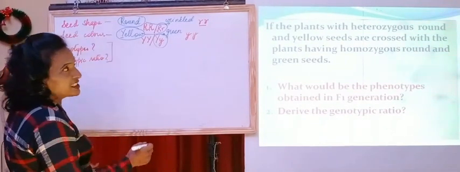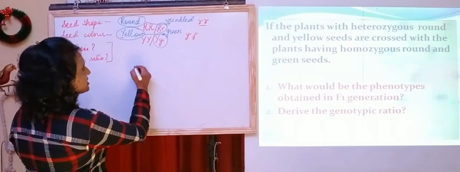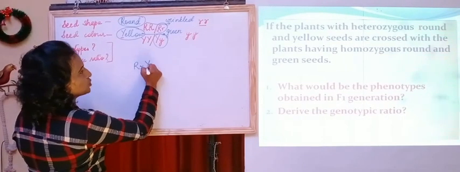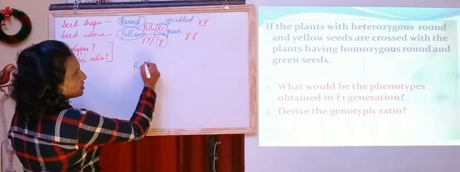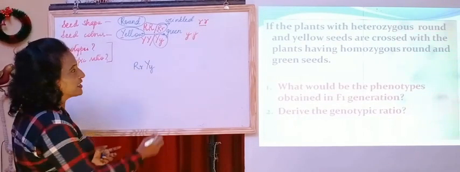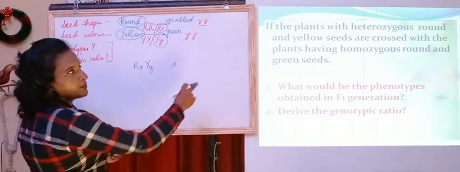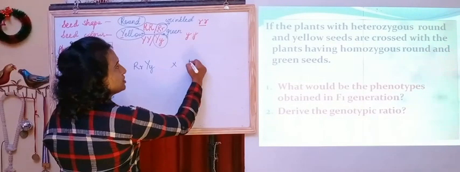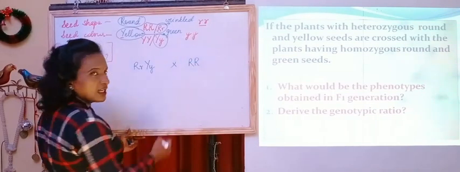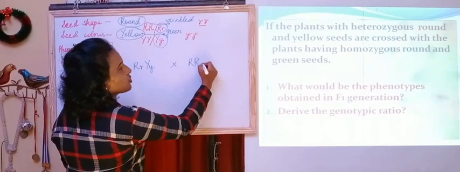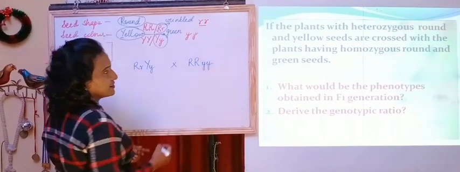So it is asked that plants with heterozygous round, I will write capital R, small r, and yellow seed, so capital Y, small y. Both are heterozygous parents that are crossed with the plant having homozygous round. So I will write down capital R, and green seeds. Green seeds is small y, right?